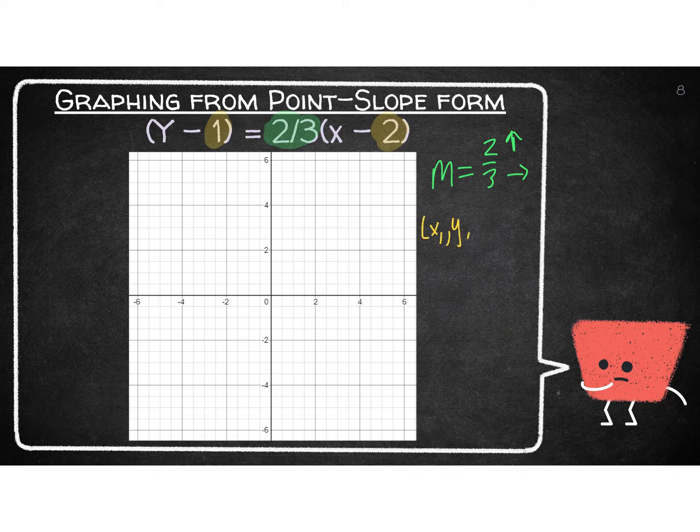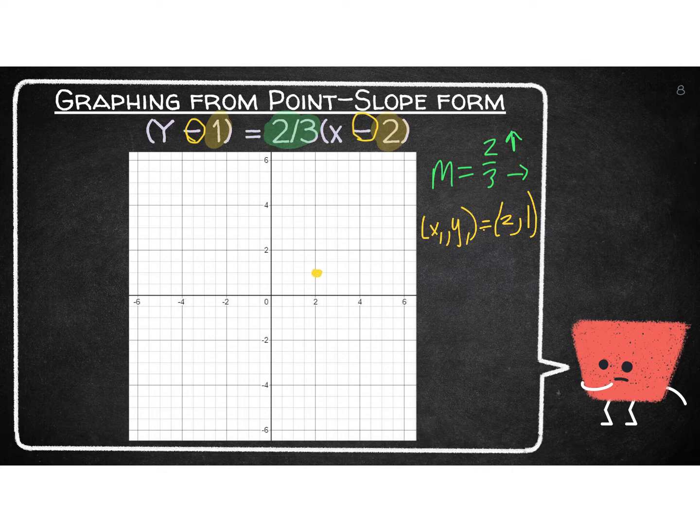x1, y1 is going to be, okay, so I'm going to switch the sign. Since this says negative 2, switching the sign would make it a positive 2. Since this says negative 1, switching the sign would make it a positive 1. So there we go, 2, 1. So I'm going to go over to 2, up to 1, and I'm going to start there.